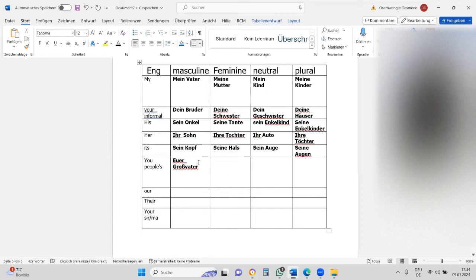Euer Großvater. Now let's have two of you, Chuka and Chioma, and you possess something feminine, maybe a cat. You guys' cat. I say, eure Katze. Eure Katze means your cat.